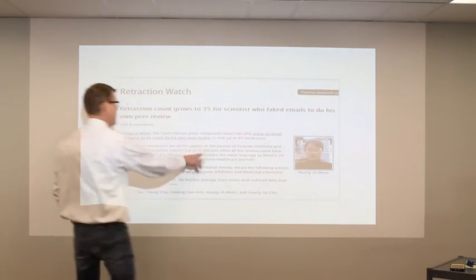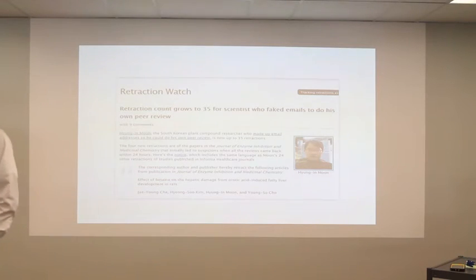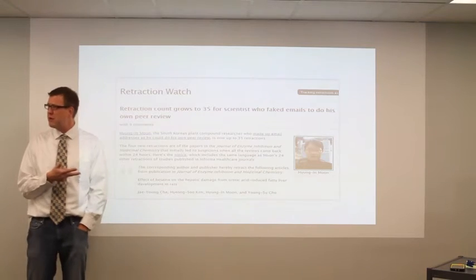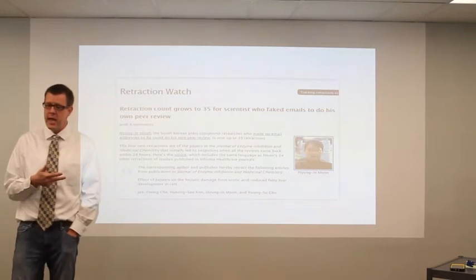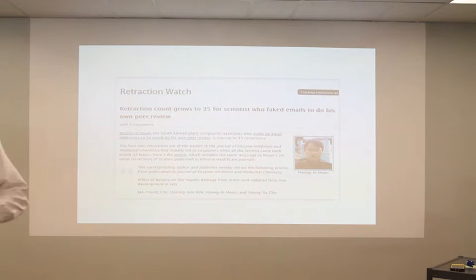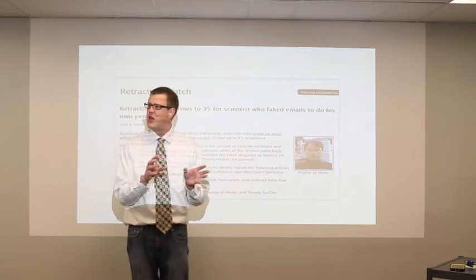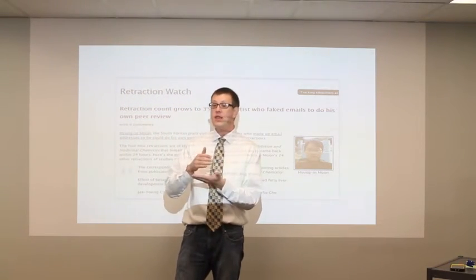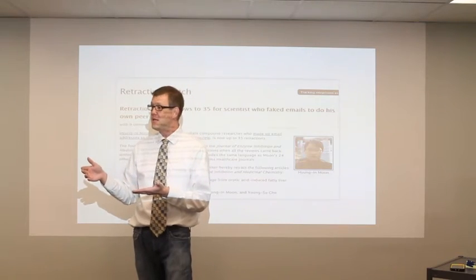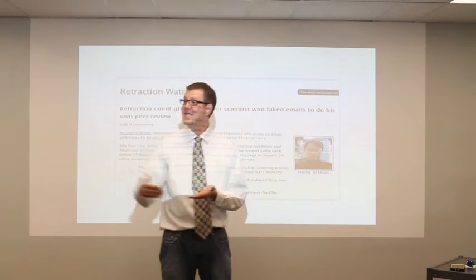This individual, Kyung-In Moon, is a plant compound researcher, so that's fancy for biologist. He ended up having about 33 of his papers retracted, and it's not clear whether he was fabricating or falsifying a lot of data, but what he was doing was submitting his articles to journals, and when they asked him to suggest referees, he was suggesting made-up referees that would be directed to him.